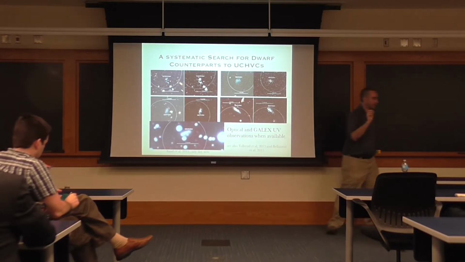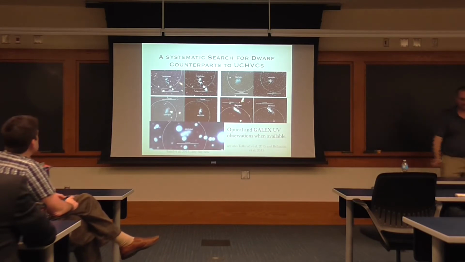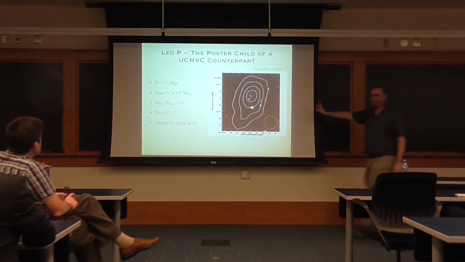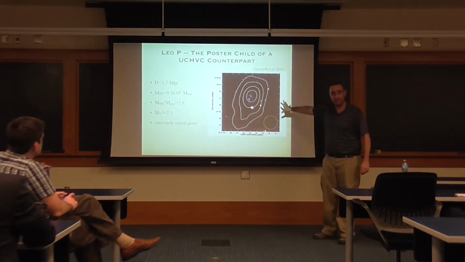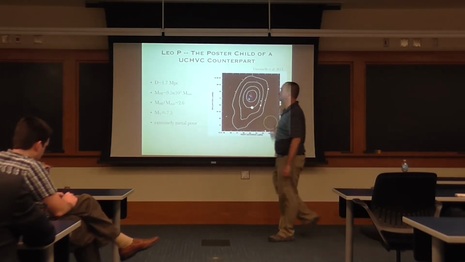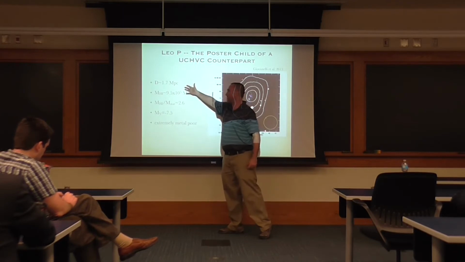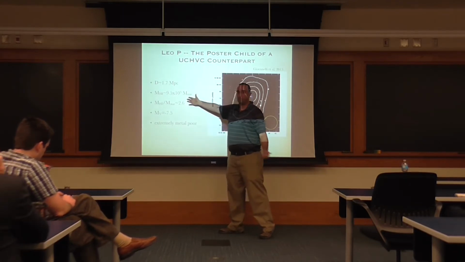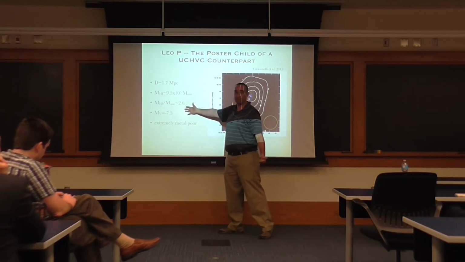Now, the reason I got this idea is someone had already started doing this. They found this galaxy Leo P associated with one of these ultra-compact high-velocity clouds at about 2 megaparsecs away. Very gas-rich for the number of stars it has, M_HI over M_star of about 3.